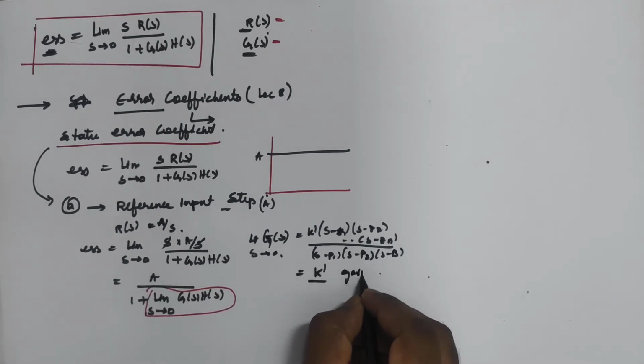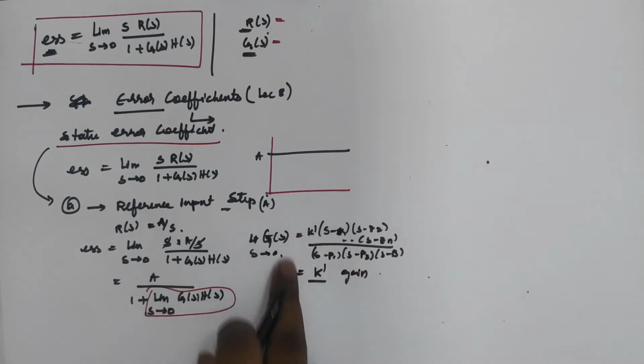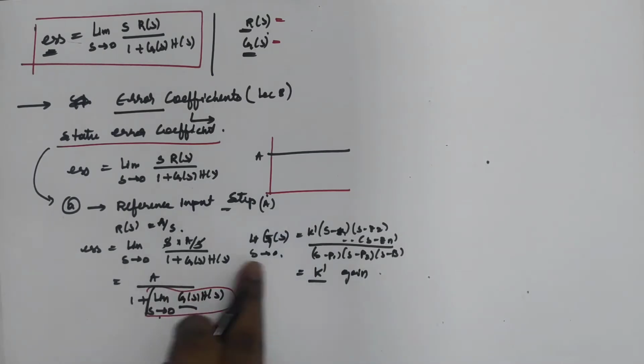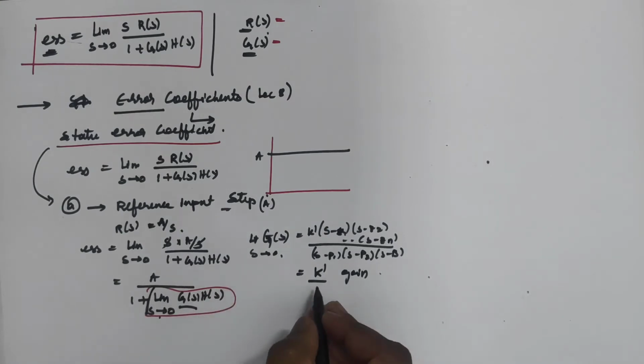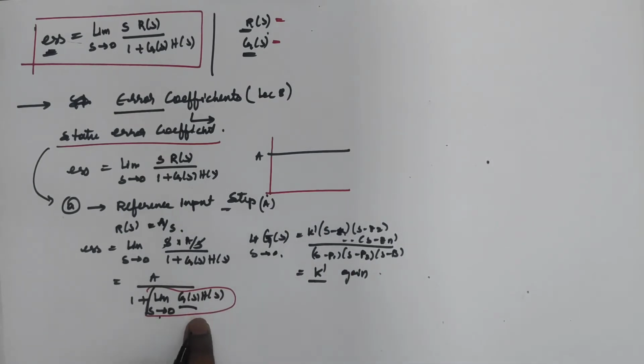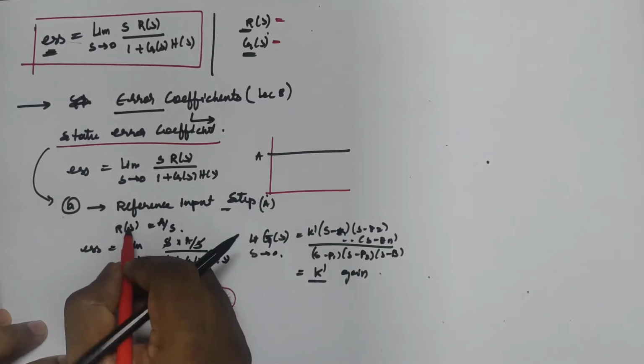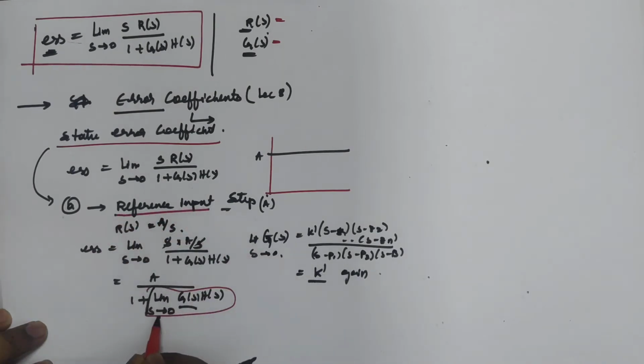In this context, G(s) into H(s) is a transfer function, and if s tends to 0 for this function, we end up with a constant called K. For the unit step input, we describe this constant as Kp, so the reference input gives a term 1 plus Kp.